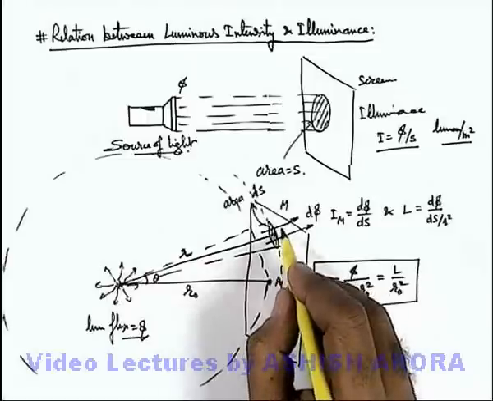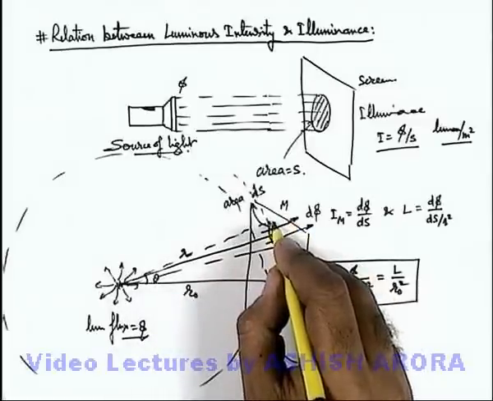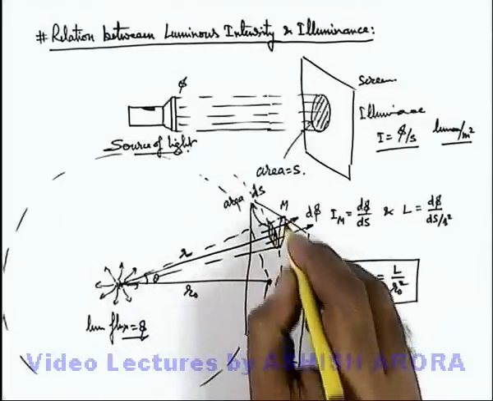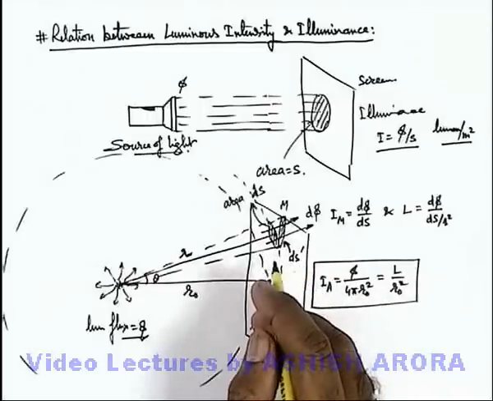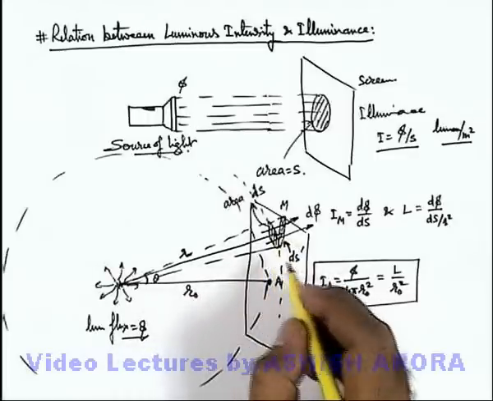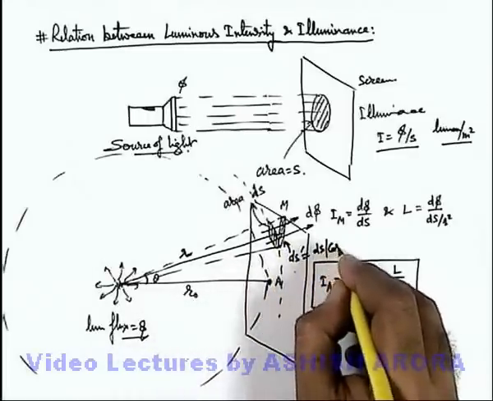But if we talk about the area on which the light energy will be incident, that will not be ds, that will be on this surface, and that will be larger than this. So if this area is ds prime, and if in this situation this angle is theta, this will also be theta. So here ds prime we can write as ds by cos theta.